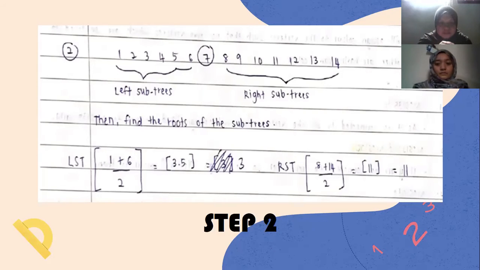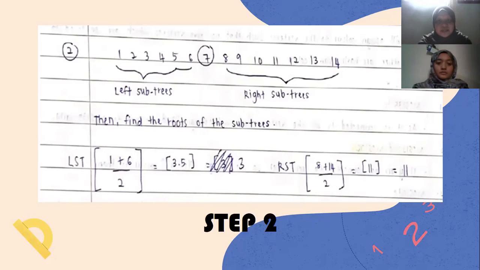From the left subtree, the lower number is 1 and the upper number is 6. So we will take 1 and 6 and put them in the formula, divided by 2, and we will get 3.5. We take the whole number, which is 3. So the root for the left subtree is 3.